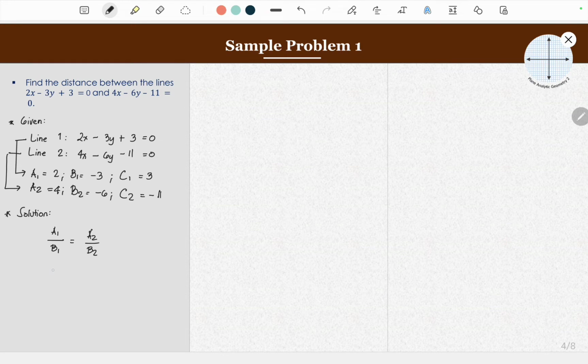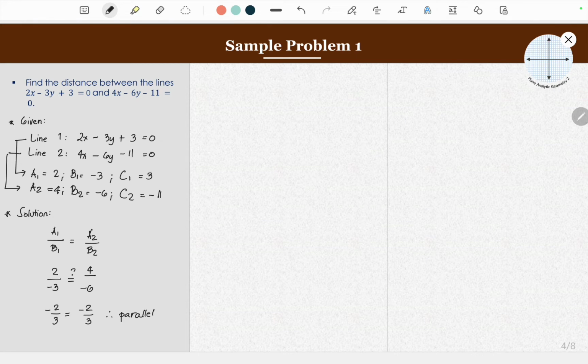So we have 2 over negative 3 equal to 4 over negative 6. Simplifying, this becomes negative 2/3 equal to negative 2/3. Since they are equal, therefore the given lines are parallel.